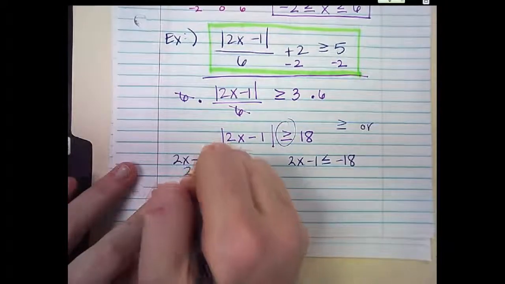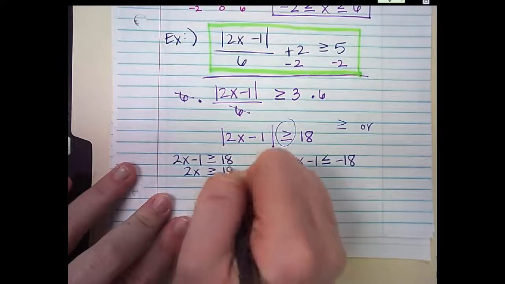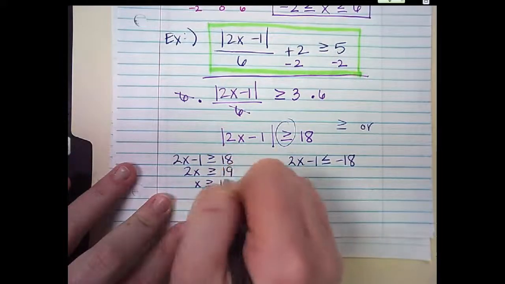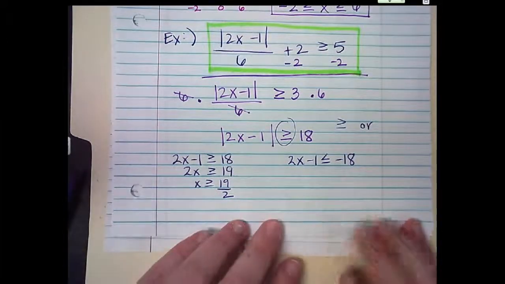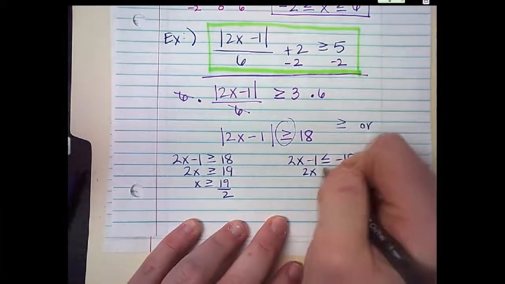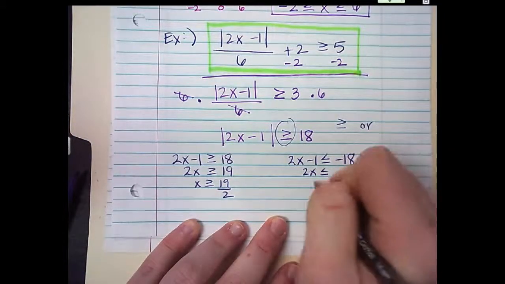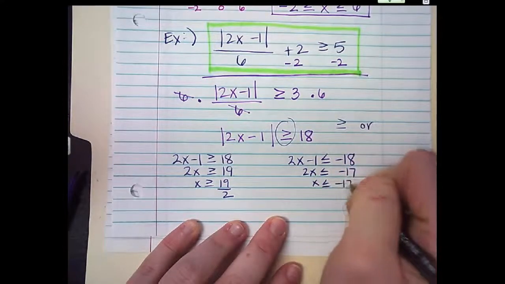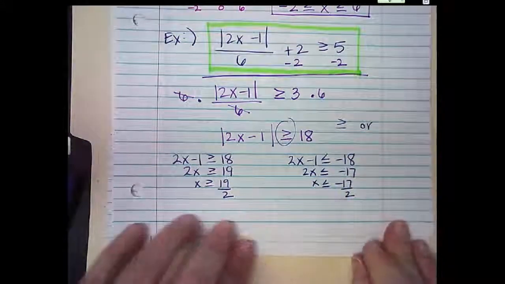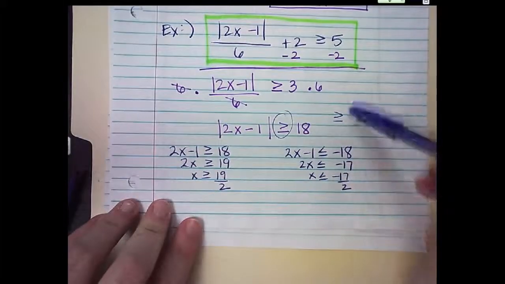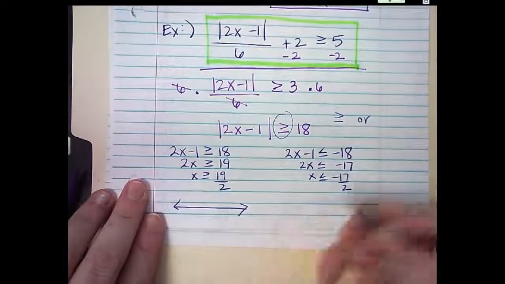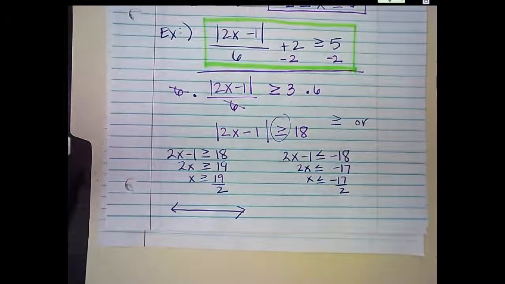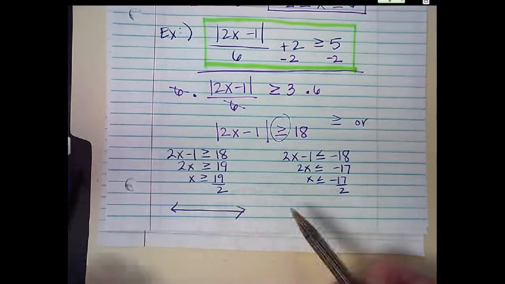This one gives you some icky fraction. I don't like it. Actually, they're not horrible because they're just halves. Okay, so the reason I put or up here is because then when I get to my answer and I put it on my number line, I know that or should be pointing away from each other. So when I graph it, if something's not right, then I messed up a sign up here.